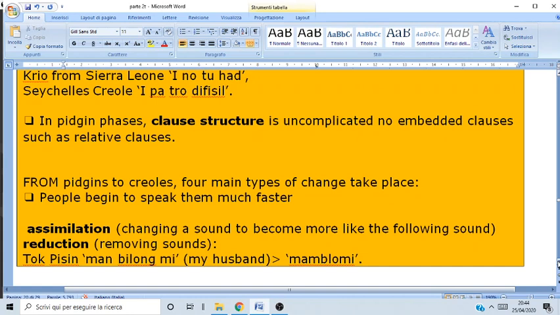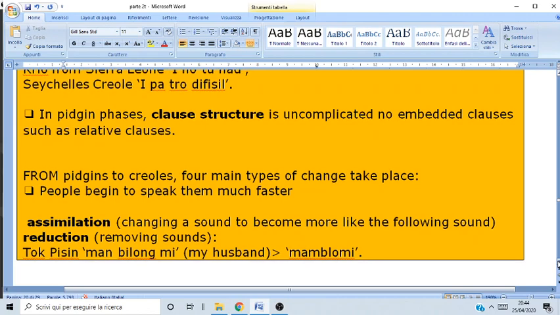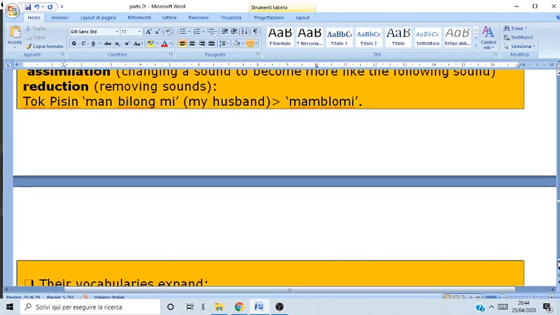There's nothing complicated, such as relative clauses. In the passage from Pidgins to Creoles, there were four main changes. People began to speak faster, and this led to phenomena like assimilation or reduction of sounds. And we looked at the example of man belong me.